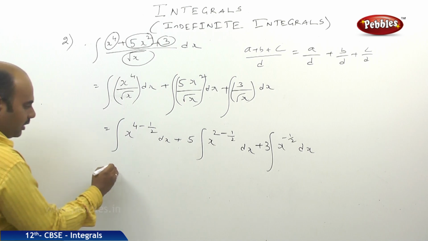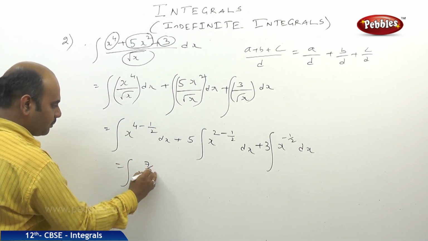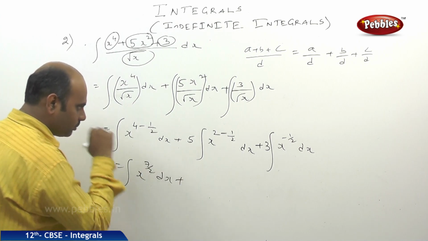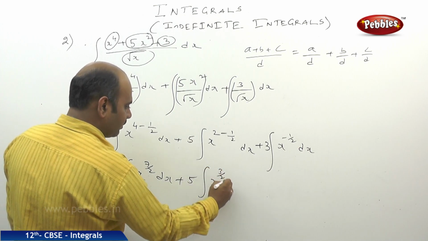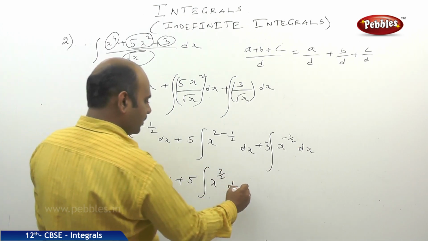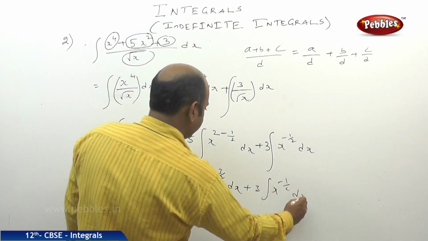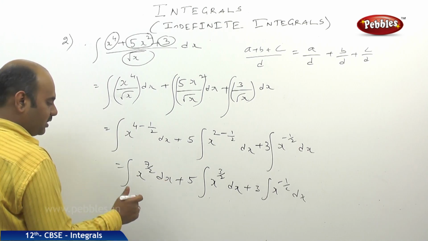Now if you observe carefully, this is x^(7/2) because 4 minus 1 by 2, LCM. I need not explain all these basics now. So 5 into x^(3/2) dx, and here 3 into the integral of x^(-1/2) dx. And now again our basic formula comes.